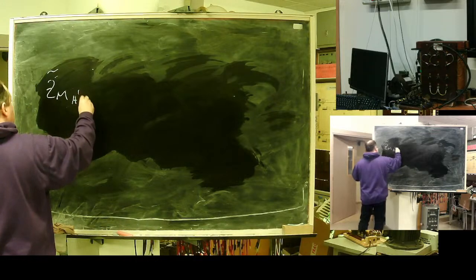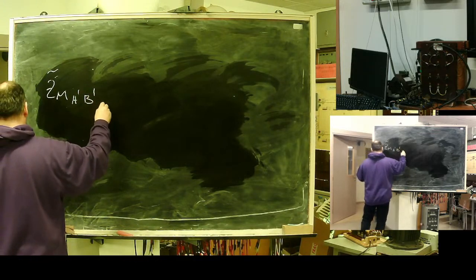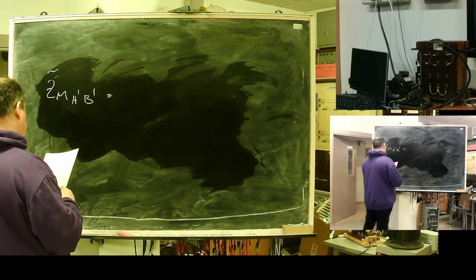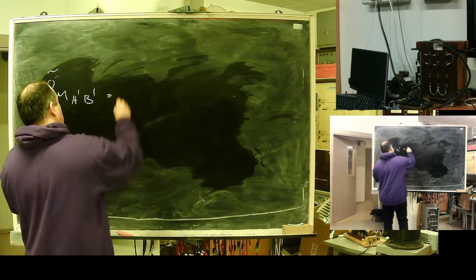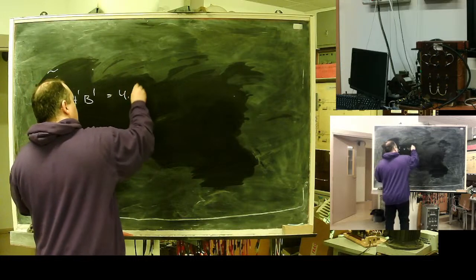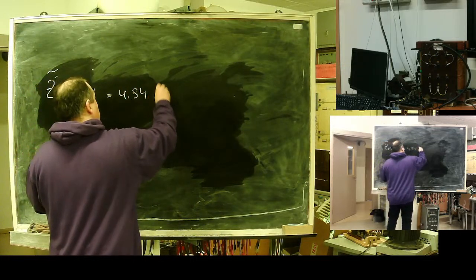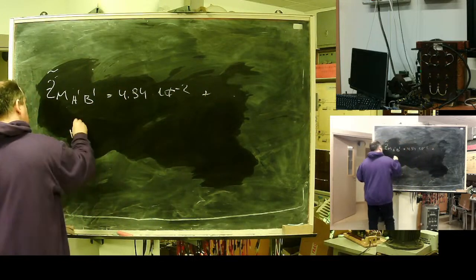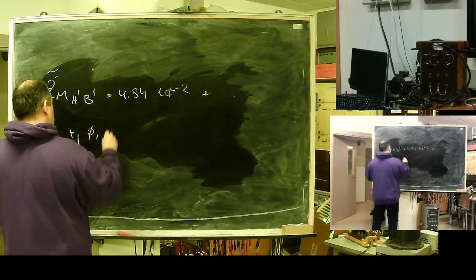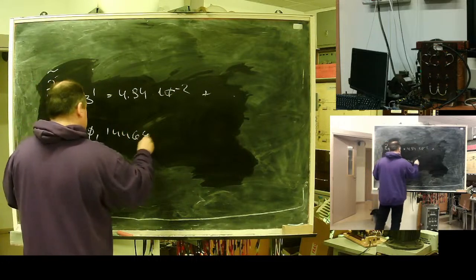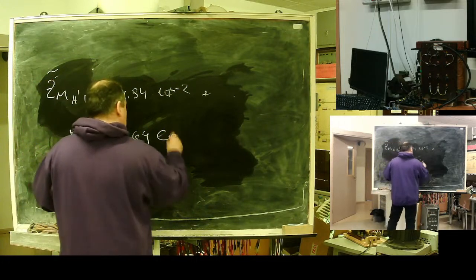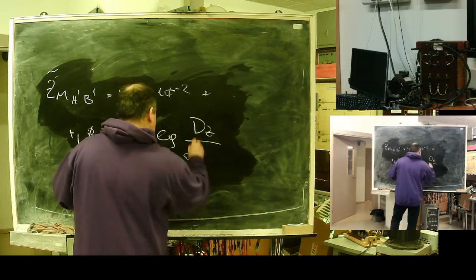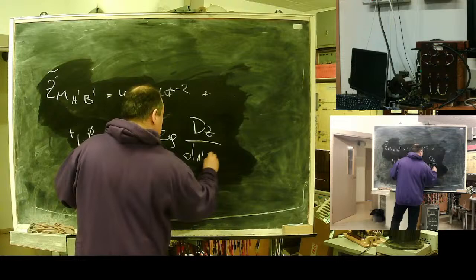For A1, B1 it will be 0.494 multiplied by 10 to the power minus 4, plus 0.14469 decimal logarithm of Z divided by A1 B1.